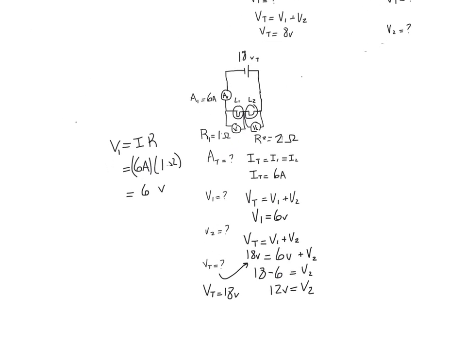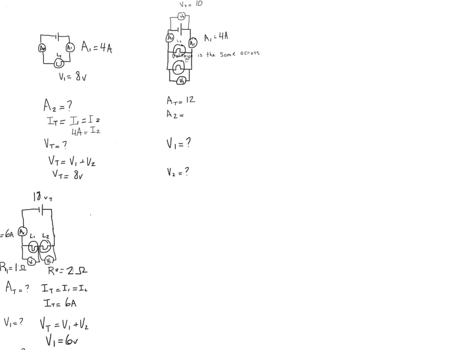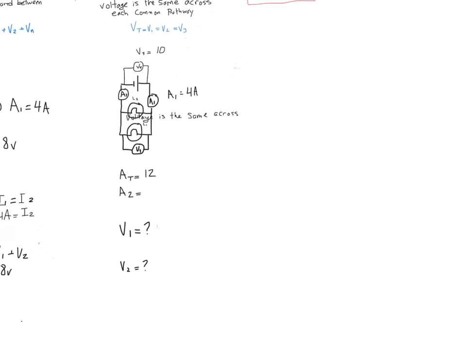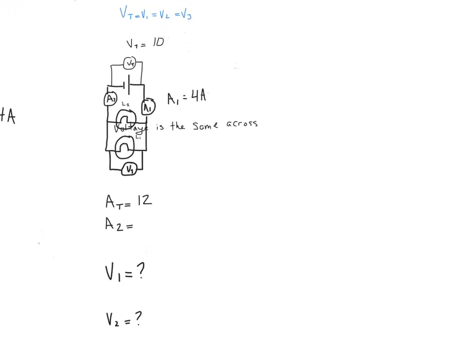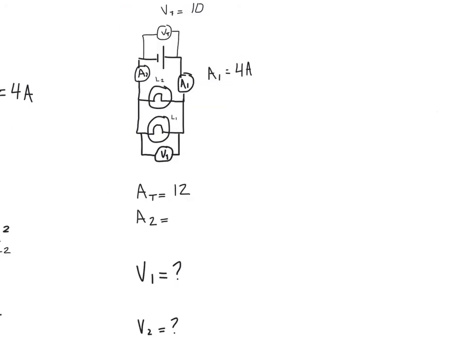So there's a bit of math we can do with our series circuits and a bit of problem solving. Over here, I have one for parallel. Okay, I know it's complicated. Don't panic. Okay, in this problem, we have our cell right here, our power source, with a voltmeter around it, measuring a total of 10 volts.